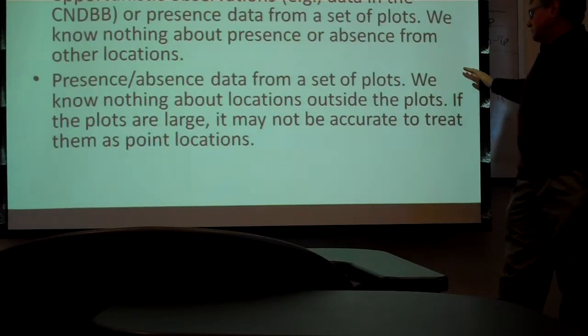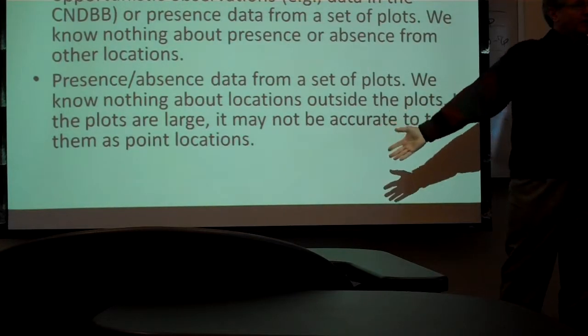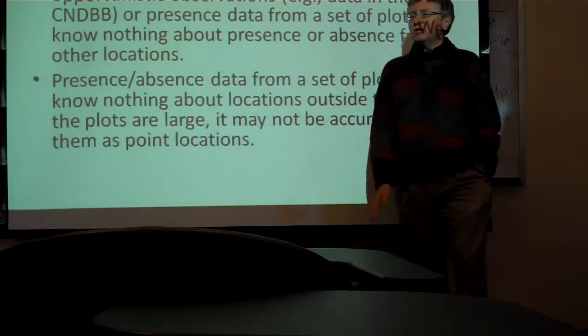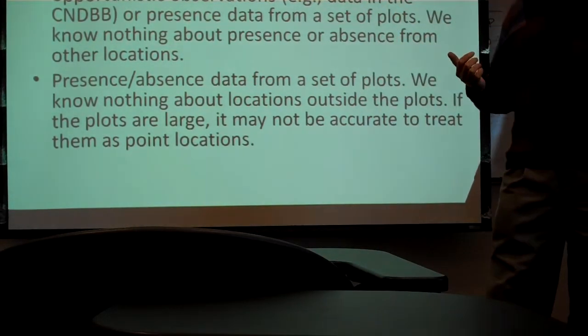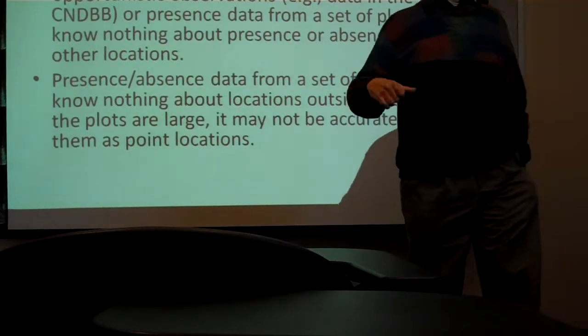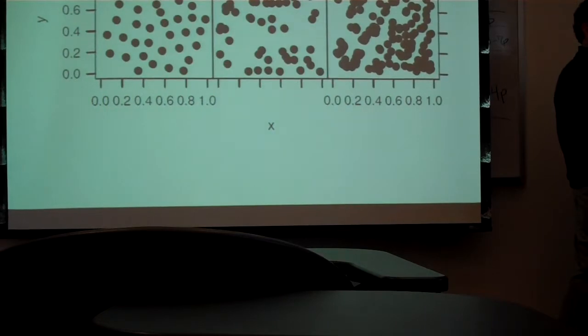We still know nothing about what's going on outside the plots. And if the plots are large, we may have to worry about whether these really represent points. And yeah, so those are typically the kinds of data that we work with.